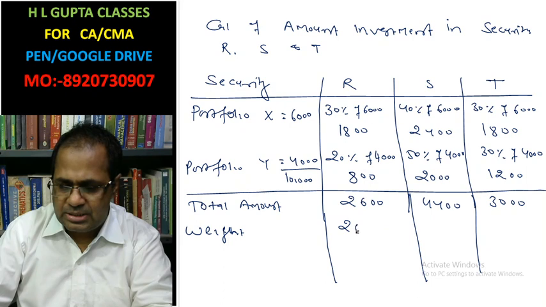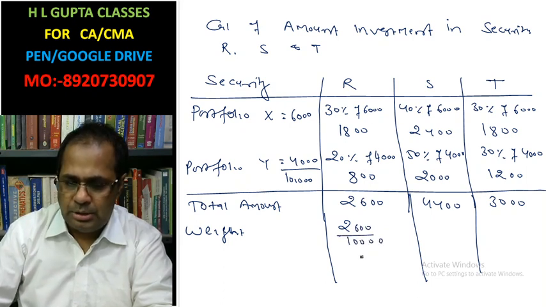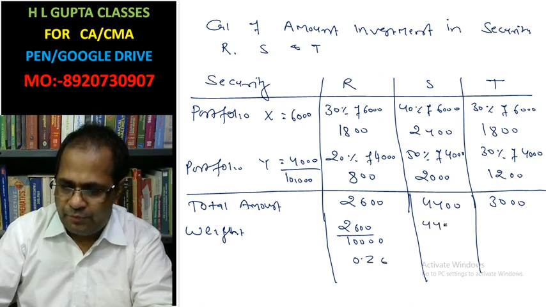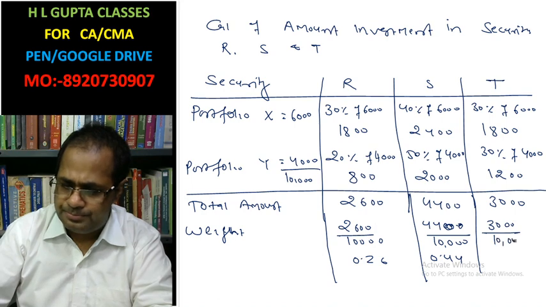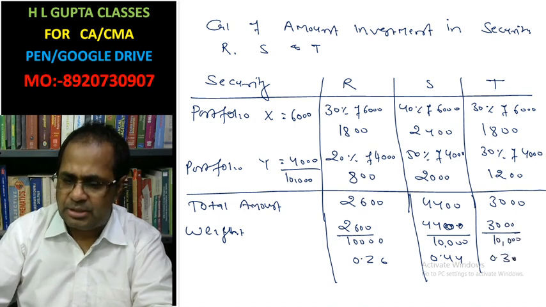Then 2,600 out of 10,000 is 0.26. 4,400 out of 10,000 is 0.44. 3,000 out of 10,000 is 0.30.